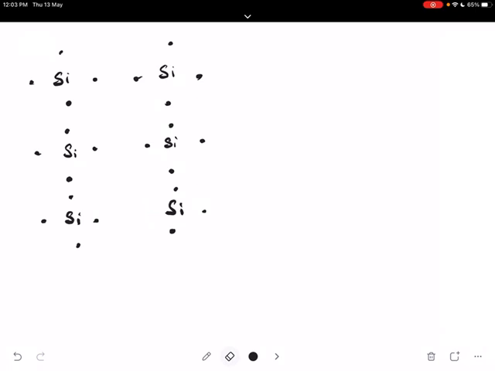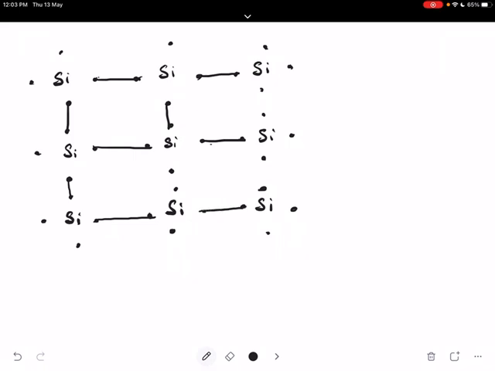In a silicon solid semi-metal, bonds are formed, covalent bonds are there.